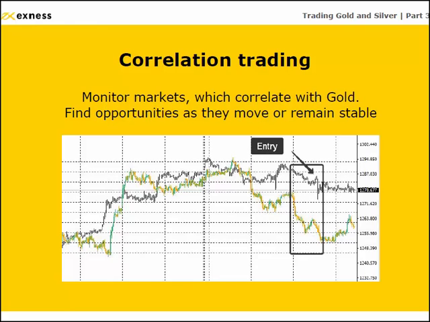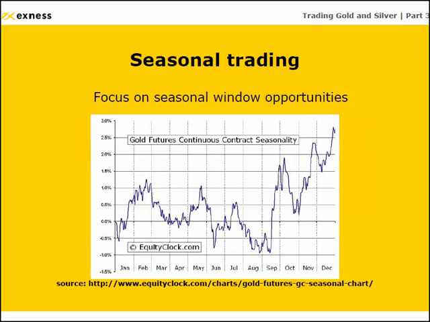Okay, seasonal trading is a very interesting type of trading since we are dealing with the commodity market. Gold is a commodity, and for commodity futures, for commodity markets, seasonal windows work pretty accurately. What do I mean by that?